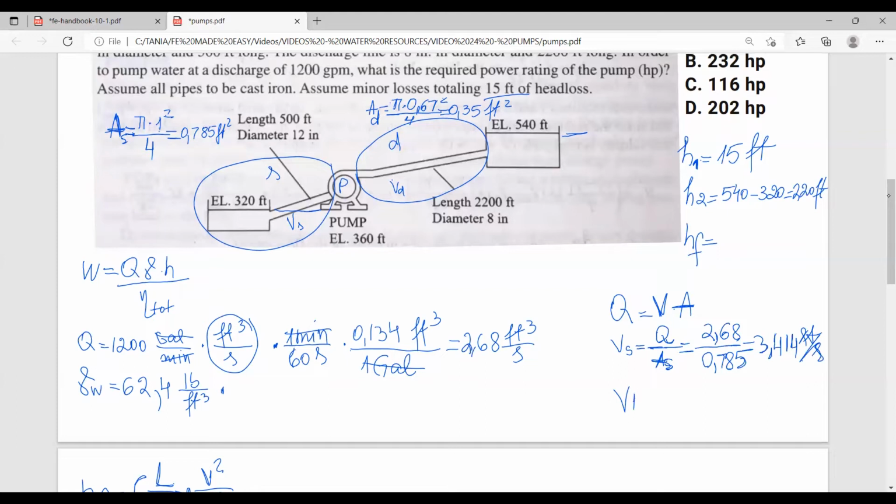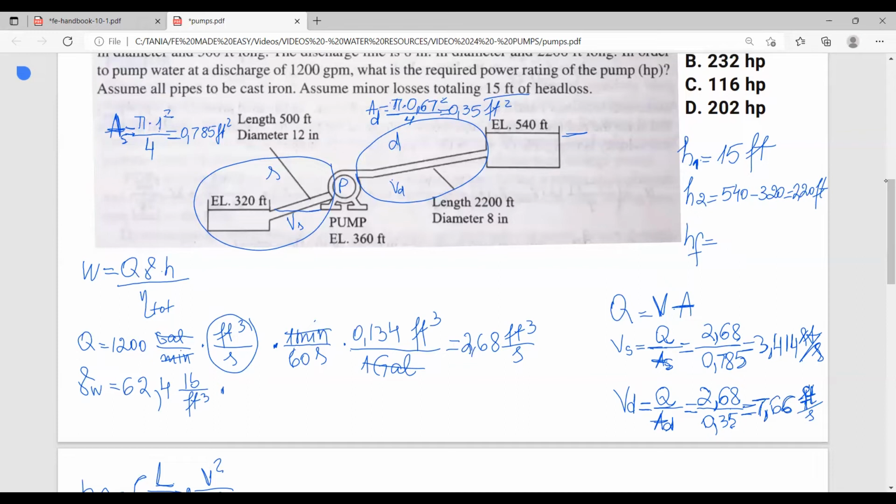And velocity at discharge equals Q over A at discharge, which is the same 2.68 divided by 0.35, and we have 7.66.